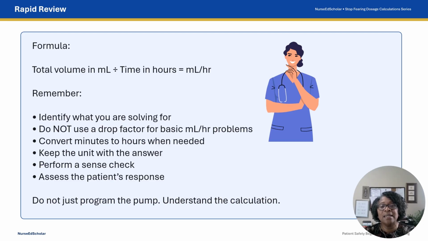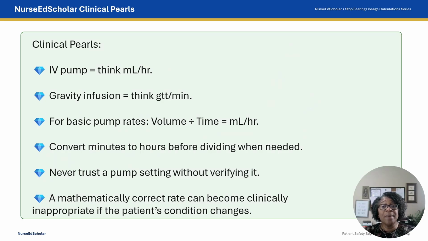And that is how we get milliliters an hour. So remember, IV pump, think milliliters an hour. Gravity, think drops per minute. You want to make sure those units match before calculating. You never trust the number simply because it appears on an IV pump. You want to verify it.